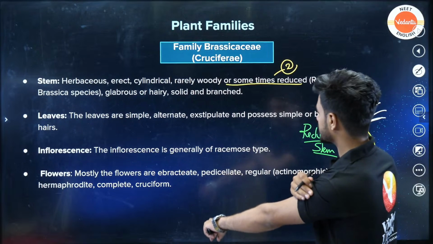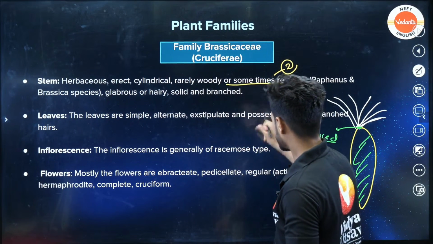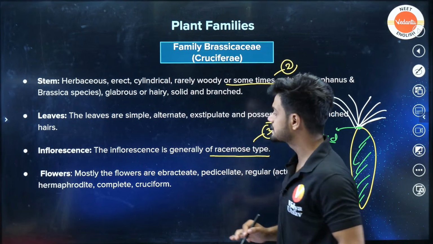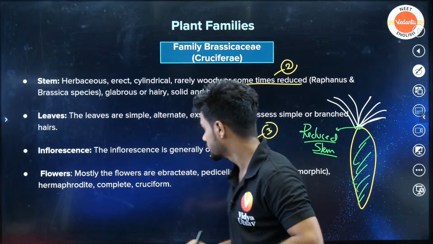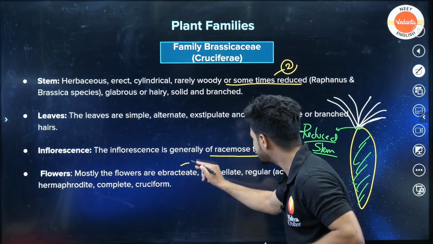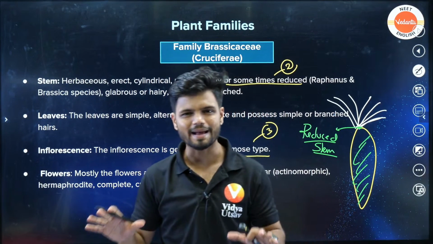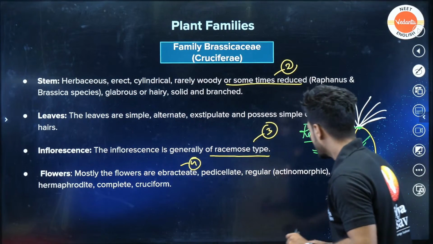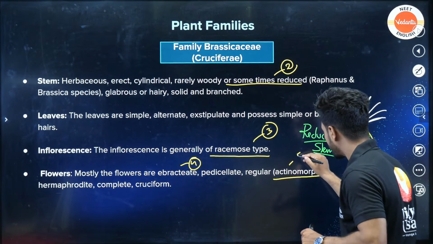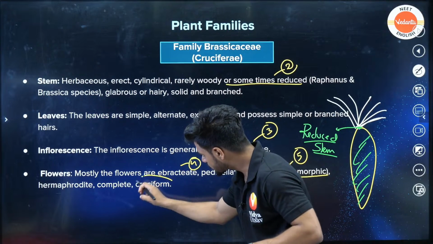The third point you need to remember is the inflorescence: racemose inflorescence. Third point. Now in the flower, we need to remember the ebractate condition, that bracts are completely absent here. Then we have pedicellate, regular, actinomorphic. Fifth point here: actinomorphic, hermaphrodite, complete and cruciform.